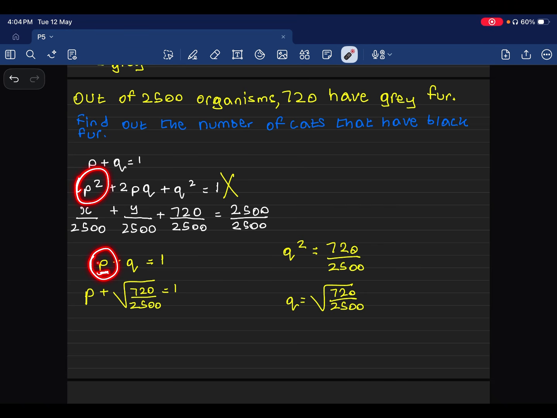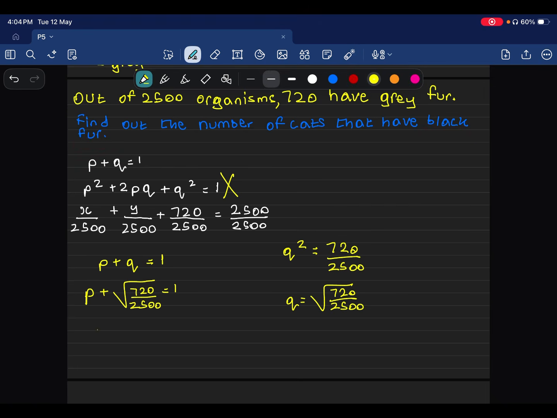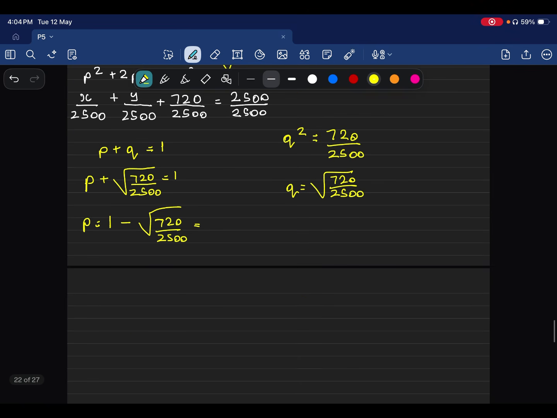So p is how many are homozygous dominant, which is exactly what the question was asking for. So now if you just take 1 and subtract the square root of 720 over 2500 from it, that is your answer right here. I don't have a calculator right now, but whatever that comes to is the answer to this question.